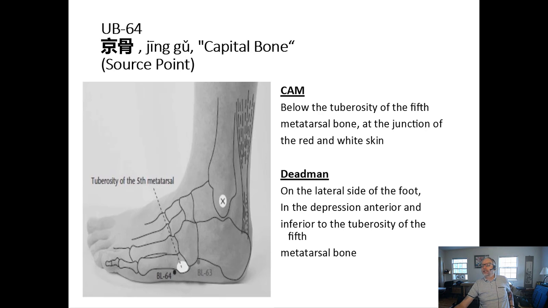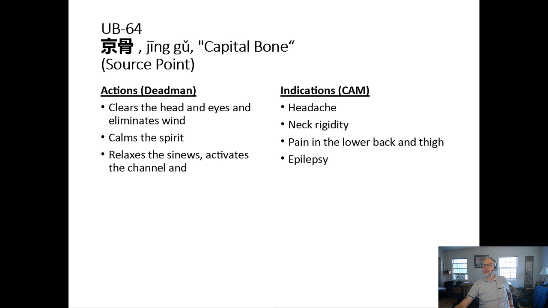UB64. On the lateral side of the foot, any depression anterior and inferior to the tuberosity of the 5th metatarsal bone. Clears the head and eyes and eliminates wind, calms the spirit, relaxes the sinews, activates the channel, and alleviates pain. So we're missing alleviates pain there.